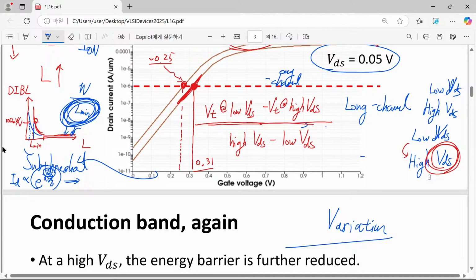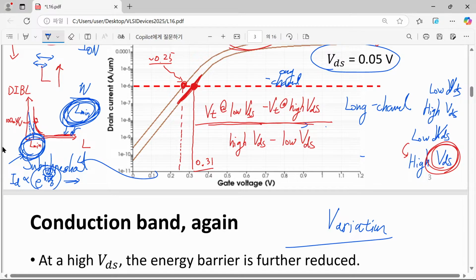But if you are working with a technology regime quite close to the minimum length scale, let's assume that due to misproduction your length scale is slightly reduced or increased. Then what will happen? Although you thought this transistor has a certain property, a slightly longer device will show different behavior, and a slightly shorter device will also show quite different behavior.